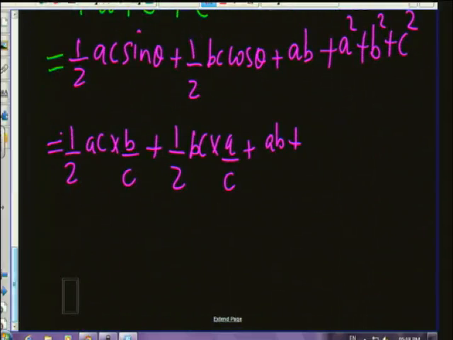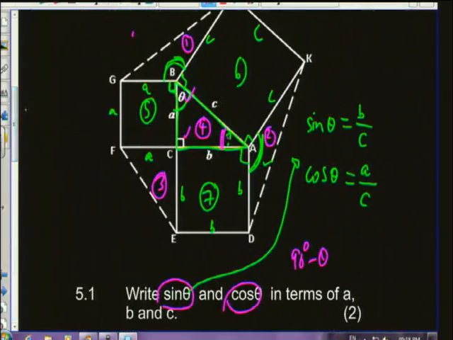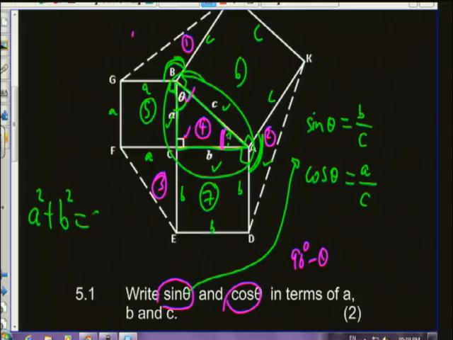Now, guys, very important here. Let's look at this piece. This is a right angle triangle. I've got A here, B here, and then C. Using Pythagoras, we know that A squared plus B squared equals C squared.